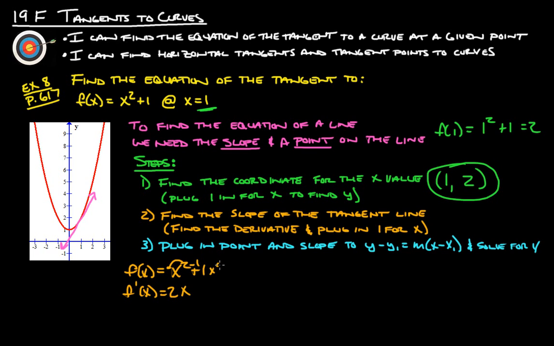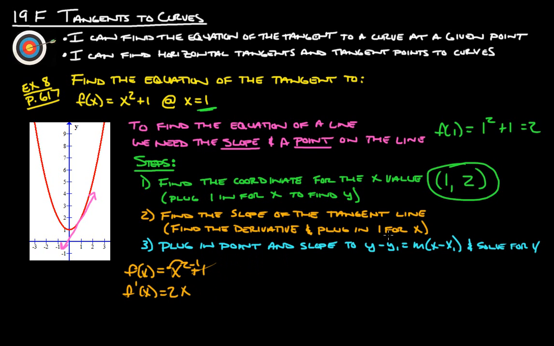And remember, this is x to the 0, and 0 times anything is 0. Anytime you take the derivative of any constant, it's always going to be 0, so that derivative just goes away.